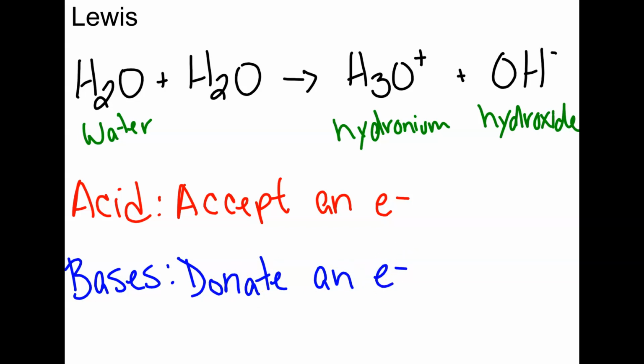Now, Lewis's definition of acids and bases is not on the Regents exam, but it's useful to know because when you get into higher level chemistry, what you'll see is that people talk about Lewis acids and bases a lot more because, right, bonding has to do with electrons much more than the movement of protons.